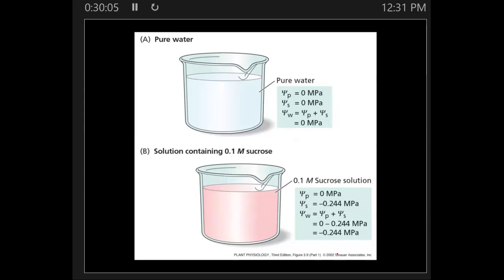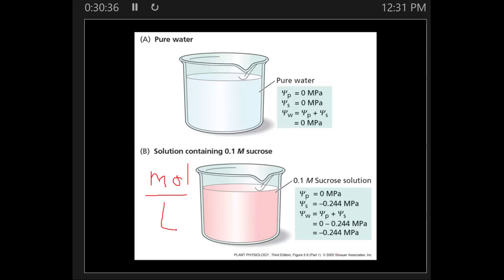Figure B looks at putting in sucrose. They put in a 0.1 molar solution of sucrose. By the way, the italicized capital M is molar, so that's moles per liter. So, a 0.1 molar concentration of sucrose.